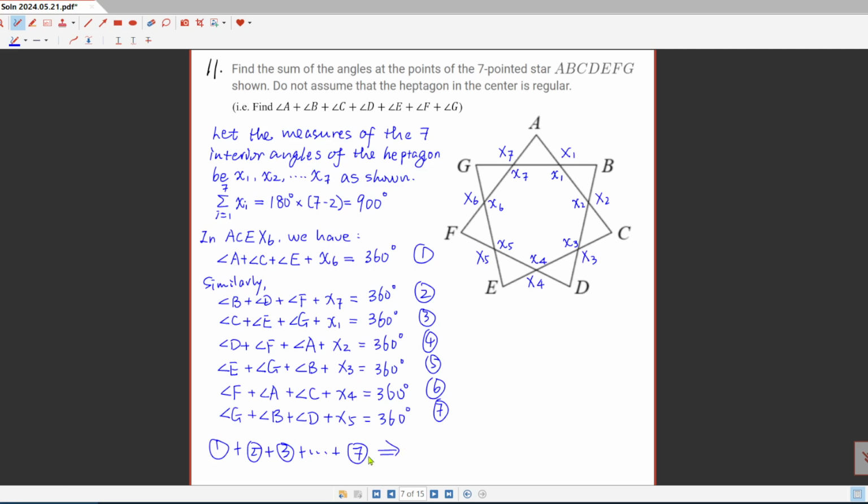And the left side becomes, well, we have A here. Basically, we have 3 A's, 3 B's, 3 C's, 3 D's, 3 E's, 3 F's, 3 G's.